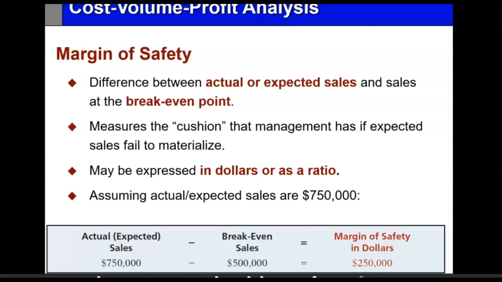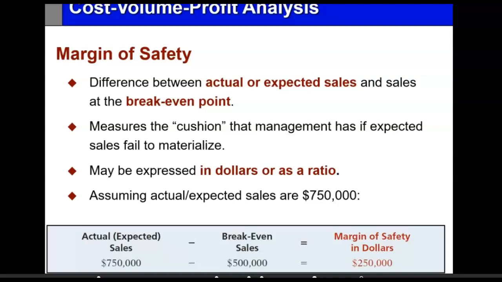Because if the economy declines, the number of units they're going to sell will decline. How far will they go before they hit the zero profit level? And that means it's a cushion. This idea is the idea of risk. This is a risk analysis. And basically, how far do sales have to drop before I am no longer in a profitable position?